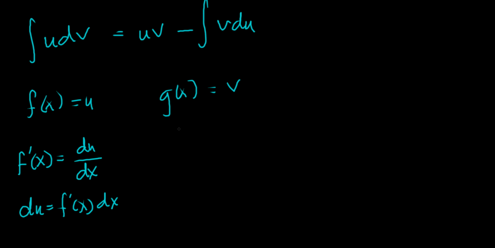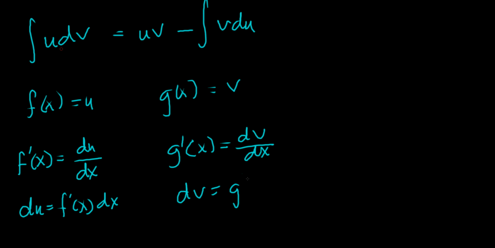Let's look at this one here. If I took the derivative of both sides of this equation with respect to x, I see that g prime of x is equal to dv/dx. Moving the dx to the other side, I see that dv is just equal to g prime of x dx.